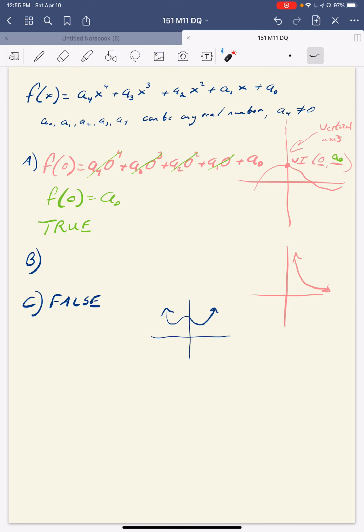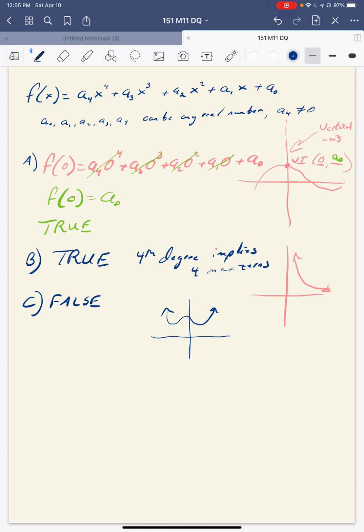So the degree matches the number of zeros. And so this is true. Fourth degree implies 4 maximum zeros. Okay.